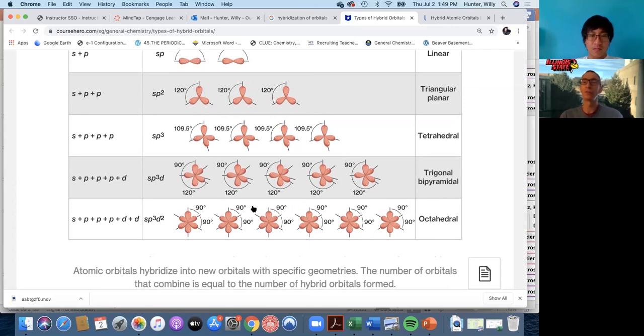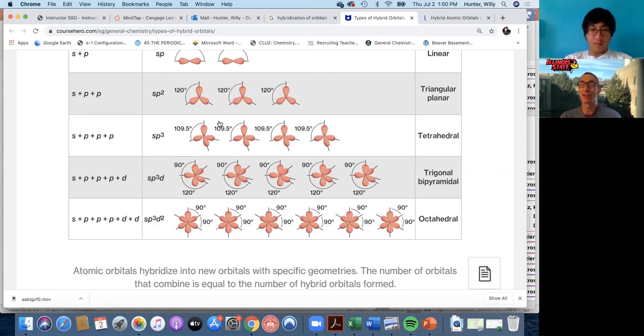But if you recall waves and combining waves and constructive interference and destructive interference from maybe a physical science course, the mathematics of this is similar to that, in that the way that we mathematically combine 1 s orbital with 3 p orbitals gives us the possibility of having this tetrahedral shape as a plausible idea.